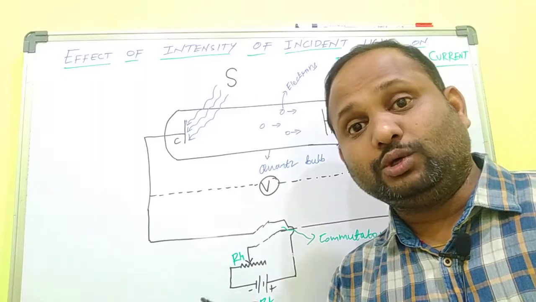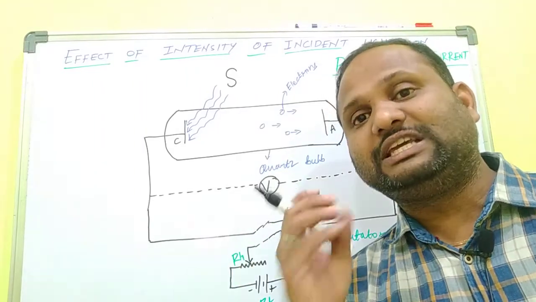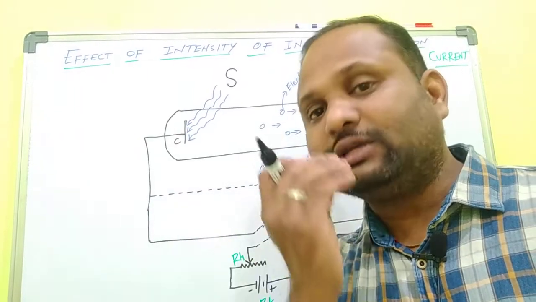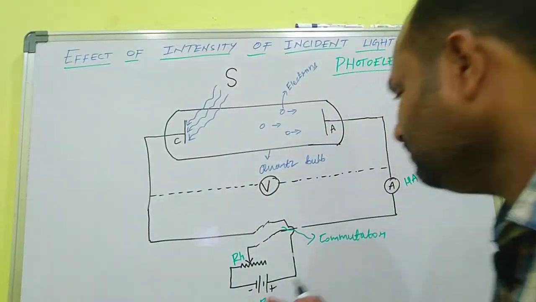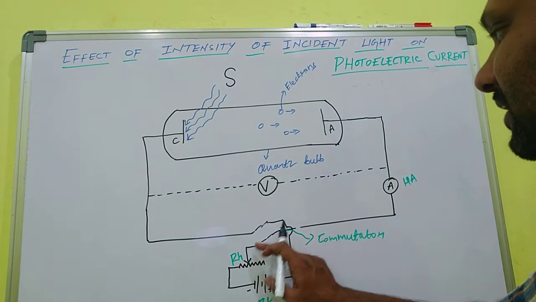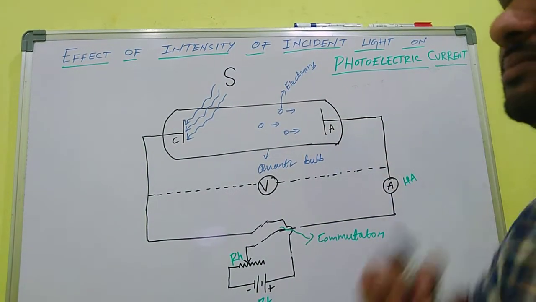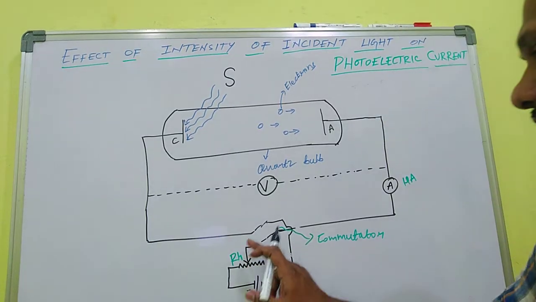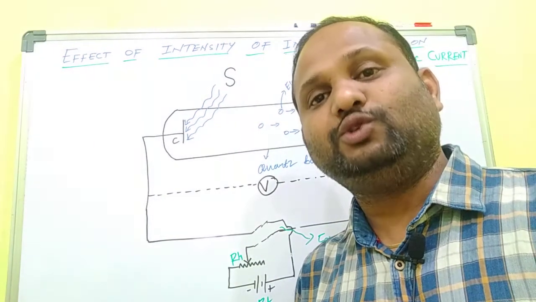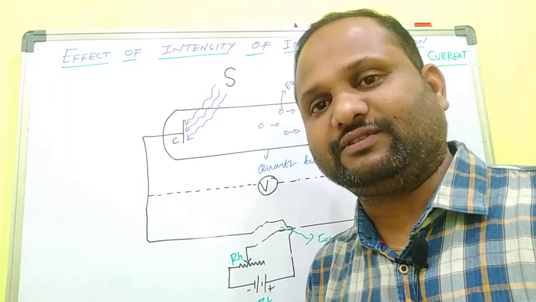Otherwise, if we want to reverse the voltage, if we want to give negative potential to the anode, we just rotate the commutator, which reverses the direction. So now the negative potential is given to the anode, not the cathode. Likewise, we use a commutator to reverse the direction of current.